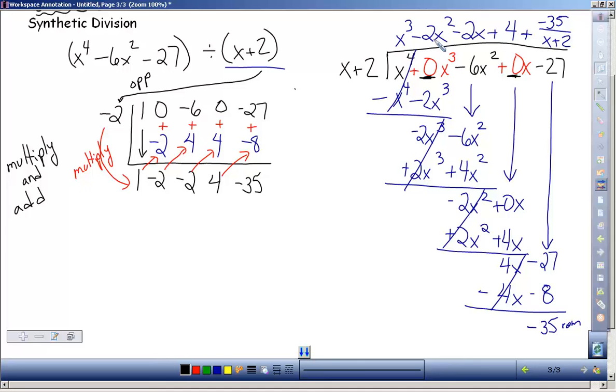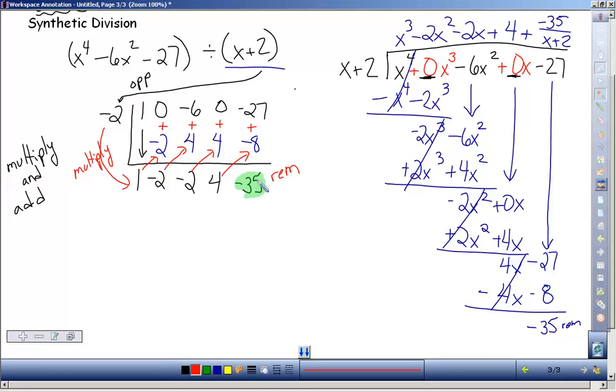But look at our coefficients. 1x cubed minus 2x squared minus 2x plus 4. When you're doing synthetic division, this last number always turns out to be your remainder. So if you ever get a 0 in that spot, that means that you had no remainder. It divided evenly. But when you do get a number in that spot, it is your remainder.